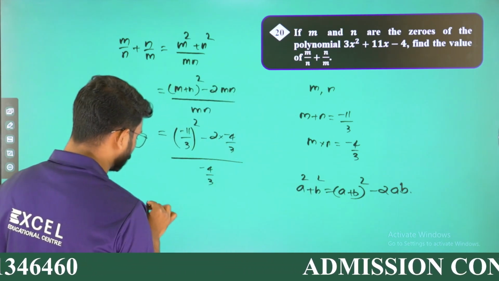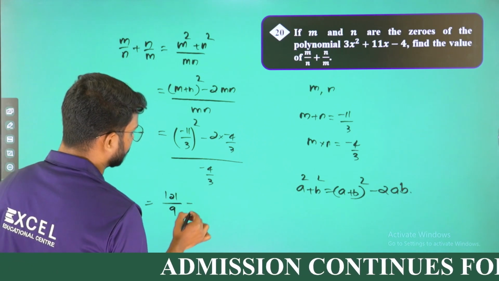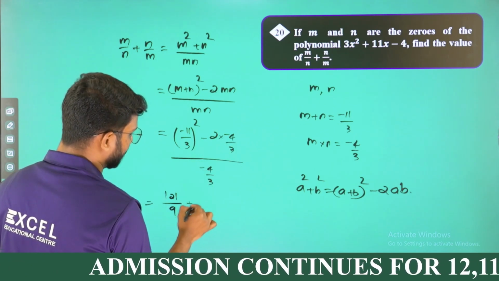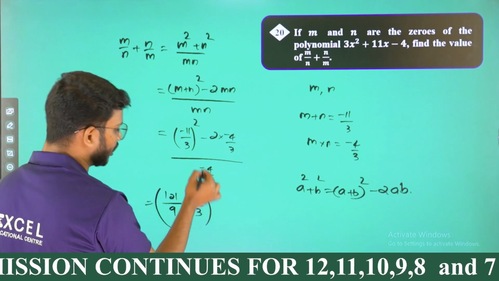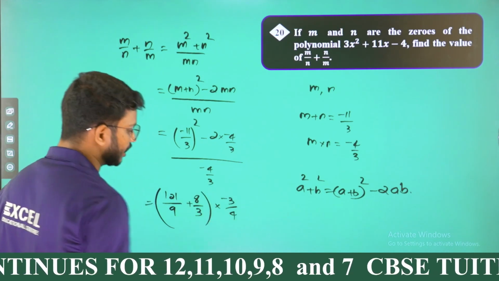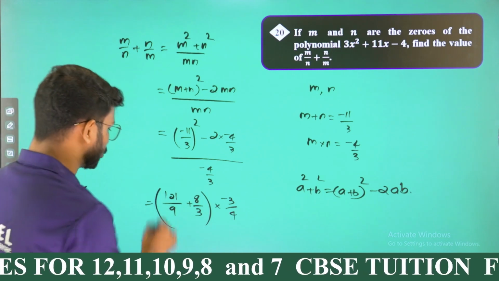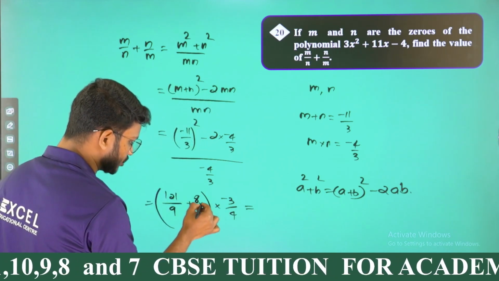So which will be equal to 121 by 9 minus, this becomes plus 8 by 3 whole divided by minus 4 by 3, which becomes minus 3 by 4, multiplication with the reciprocal. So here we can use the LCM method.